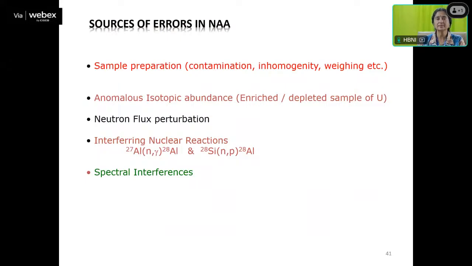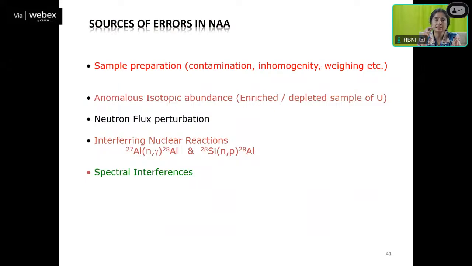Now, what are the various sources of errors in NA? It can be sample preparation. During sample preparation there can be contamination, especially when you are using chemical NA, where separation of the matrix is before irradiation. Then there can be inhomogeneity.